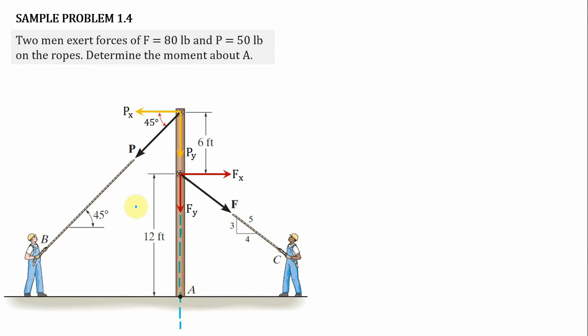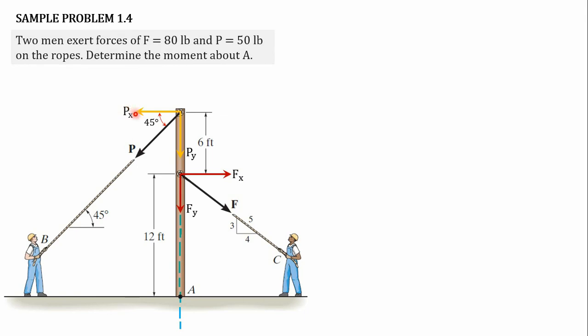So therefore, may dalawang forces na lang tayo. Okay? Si Px at si Fx na i-consider natin na makakaproduce ng moment at A. Because sabi natin is si Fy at si Py is hindi makakaproduce ng moment about point A. Okay? Kuha nyo? So, i-consider na lang natin yung Fx at si Px.